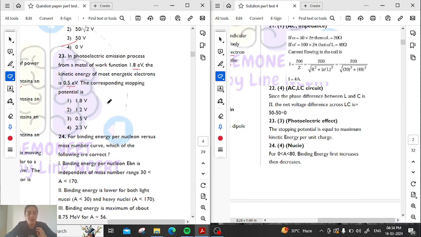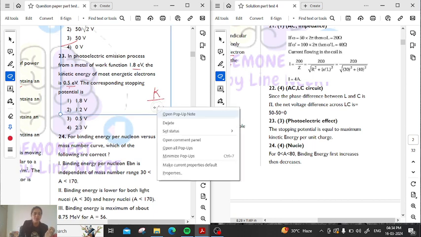कैसे निकालेंगे? Stopping potential क्या होता है पहली बात तो, स्टॉपिंग पोटेंशियल जो होता है हमारा, kinetic energy per unit charge, मैं ऐसे लिख देती हूँ K by Q, तो ये हमारा होता है स्टॉपिंग पोटेंशियल बेसिकली.